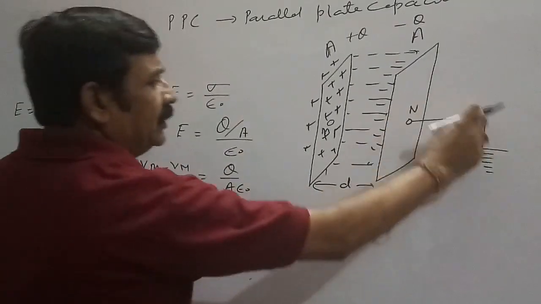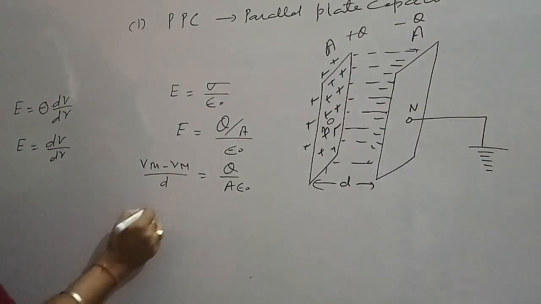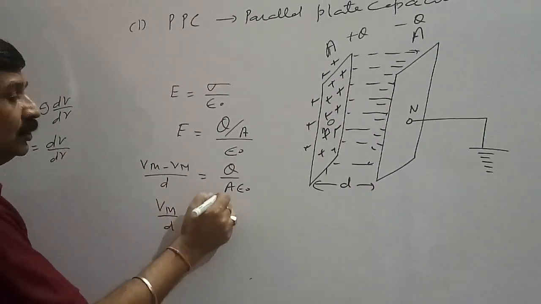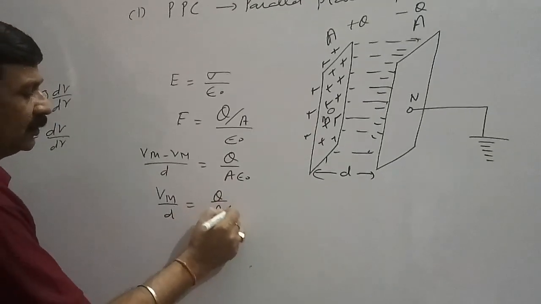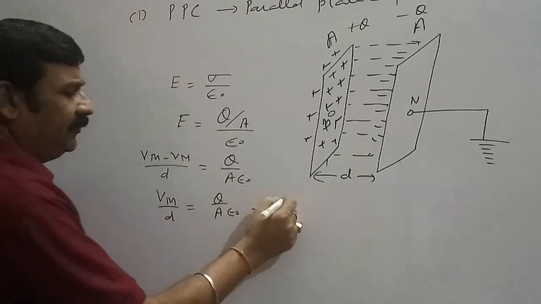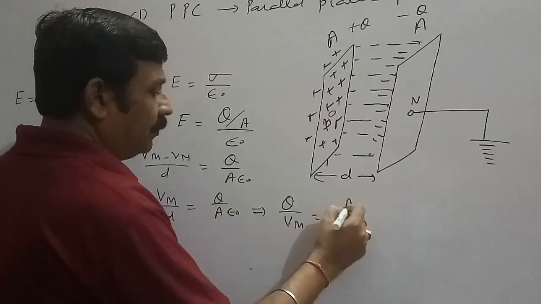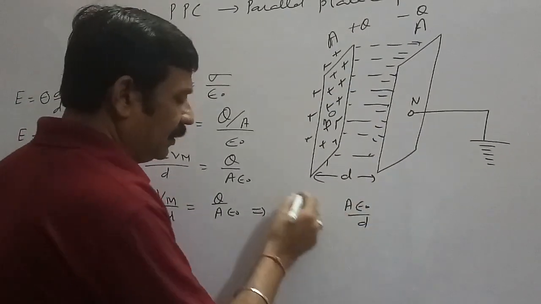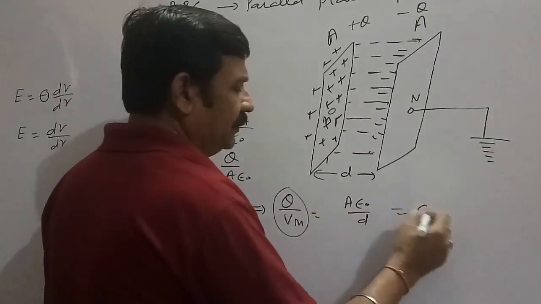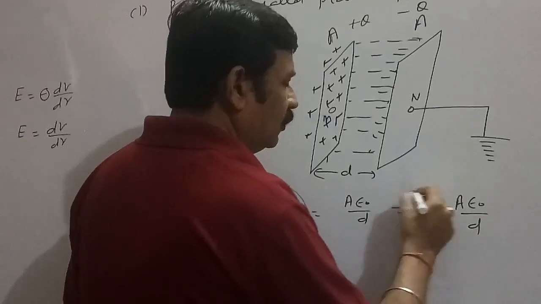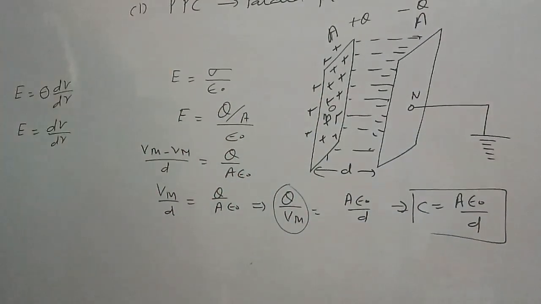Since this plate is connected with earth, Vn will be 0, so we get potential at m upon d is equal to Q by A into epsilon naught. From here we get Q upon Vm is equal to A epsilon naught by d, and this is called capacity. So the capacity of a parallel plate capacitor is equal to A epsilon naught by d.